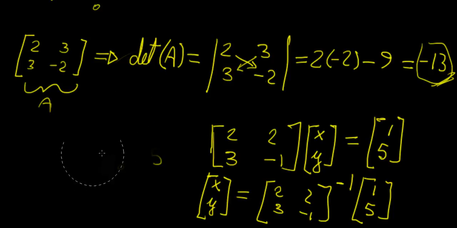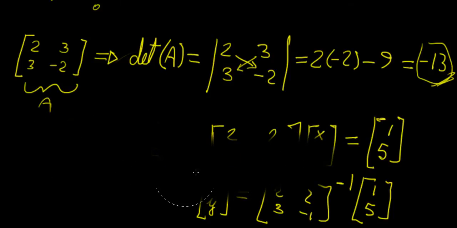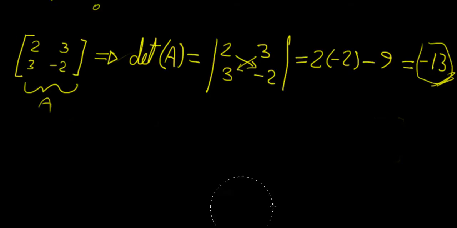Now I'm going to explain how this works. The determinant of a matrix only exists if A is a square matrix, which is one that has the same number of rows as columns.